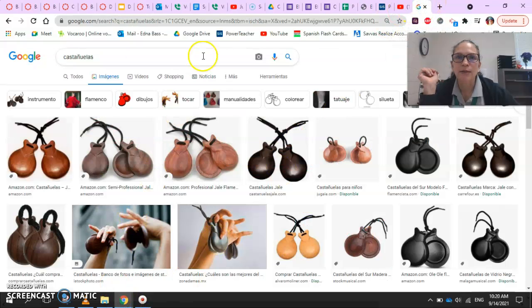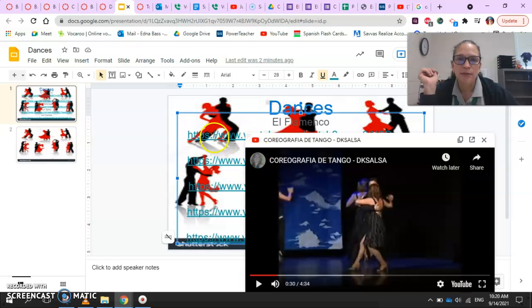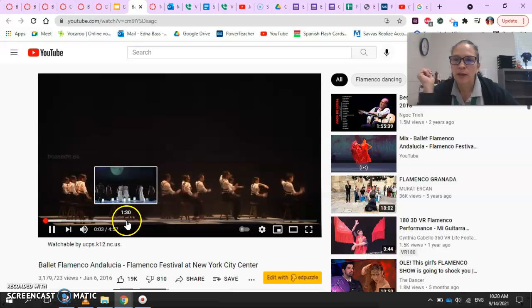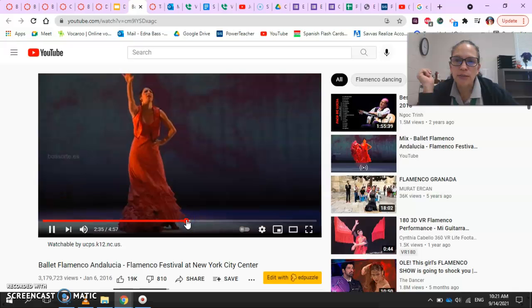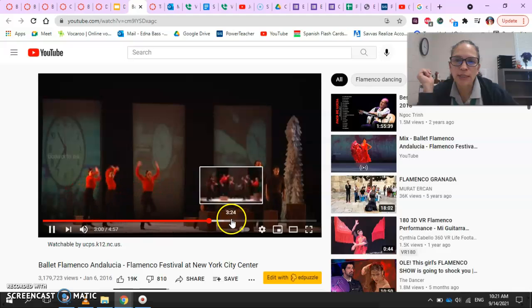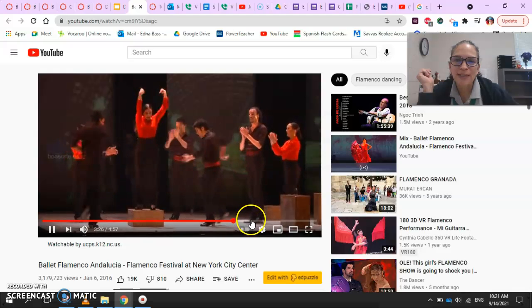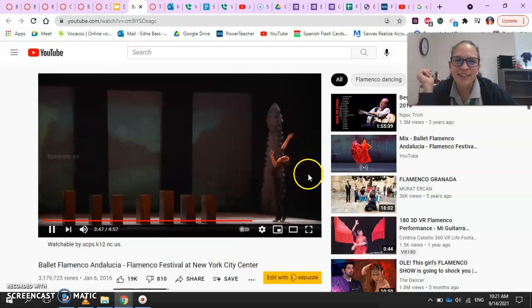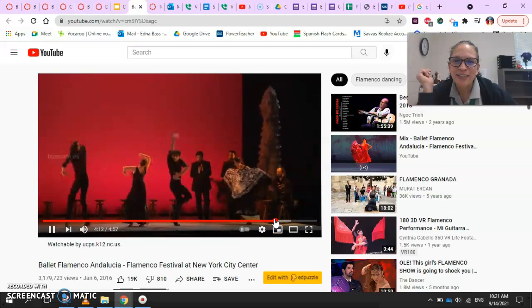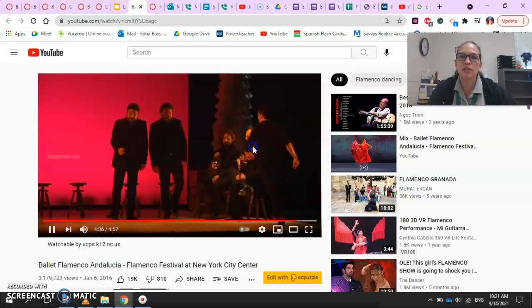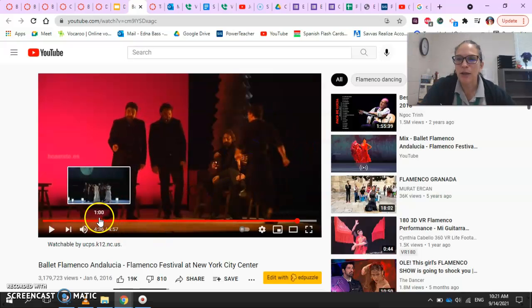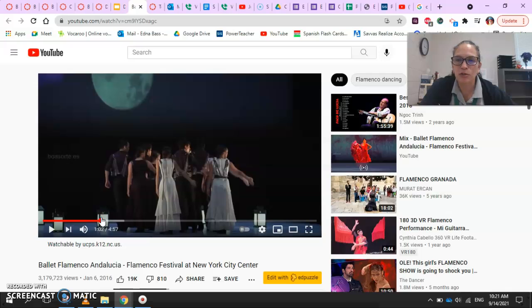Oh, wrong one, sorry. Let's see if I can find where the person is using the castañuelas. This person's not using it. These people are mostly using their hands instead of the castañuelas. But castañuelas is a very important instrument that is required for this dance.